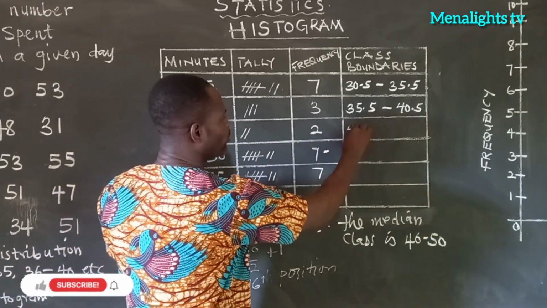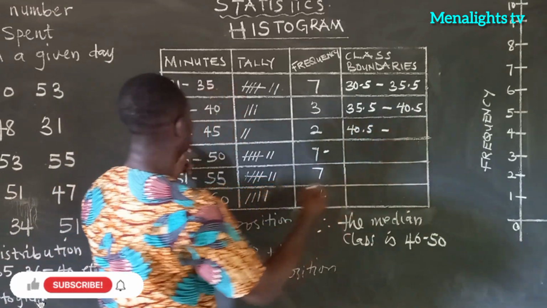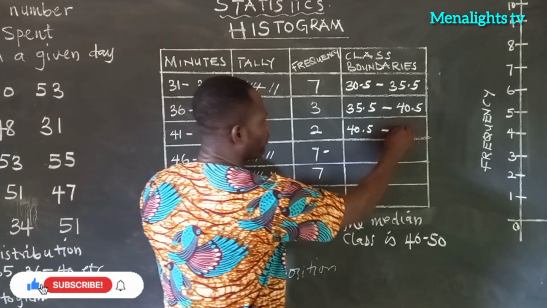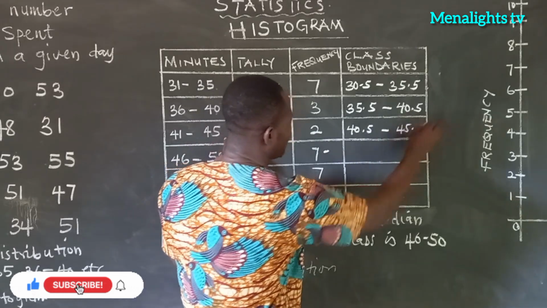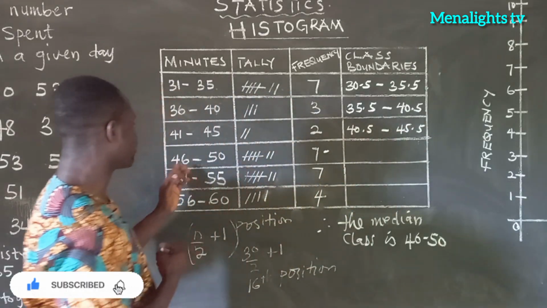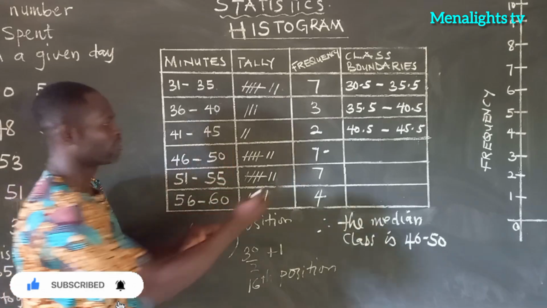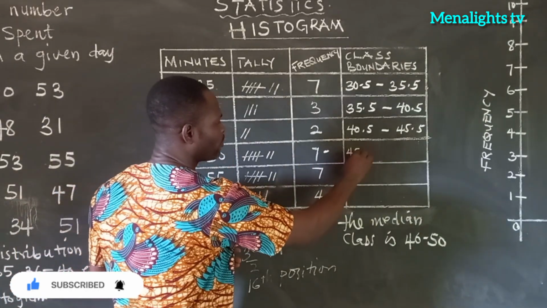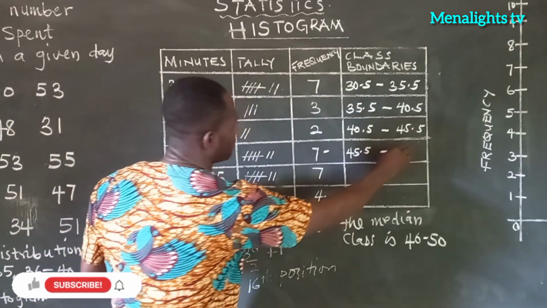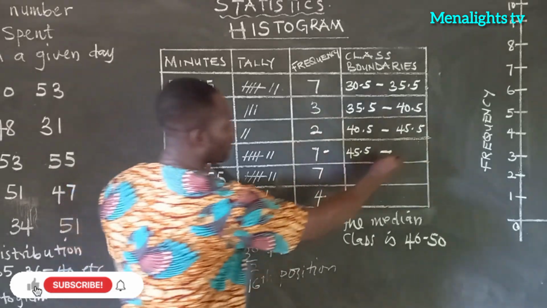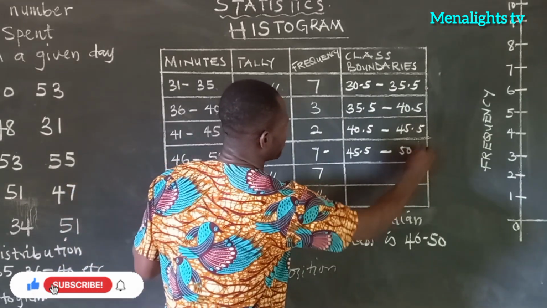So 40.5 to, then we add a half to this, becomes 45.5. So the next one will be from 46, we now have what? 45.5 to 50.5.